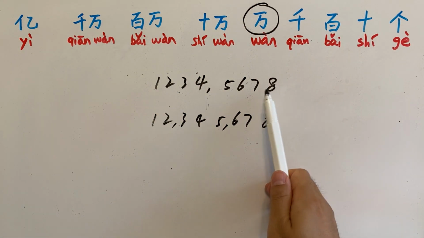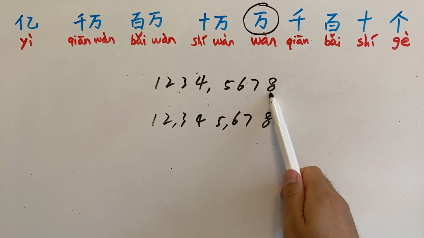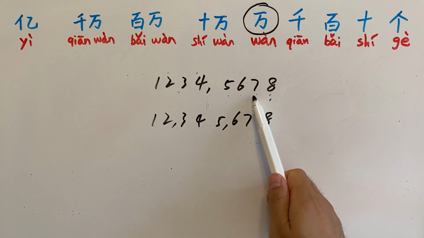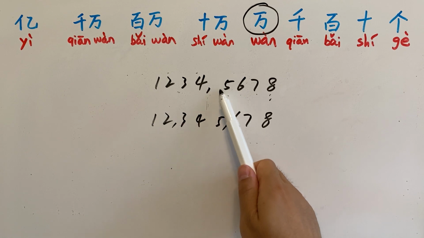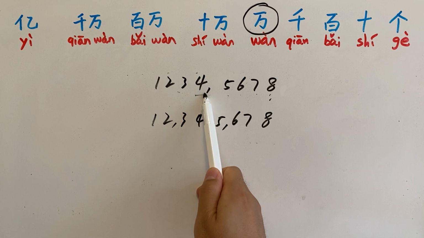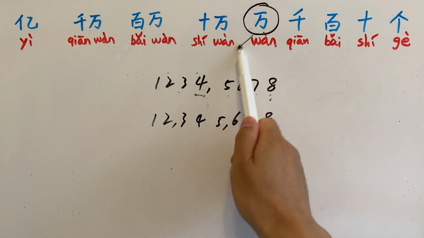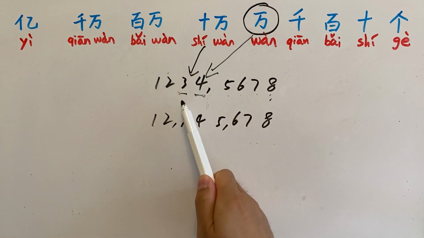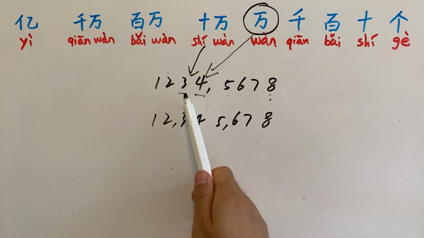个十百千, 个位、十位、百位、千位. This is ones, tens, hundreds, thousands, and 10,000 is 万. This is 万位, 10,000s, 100,000s.